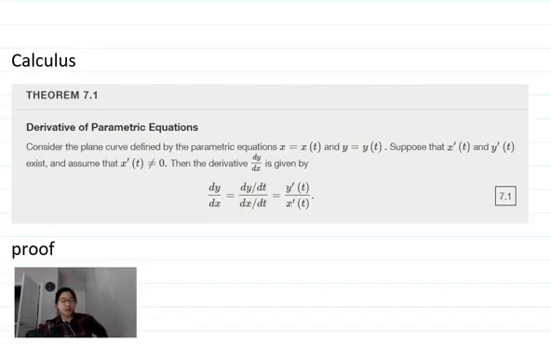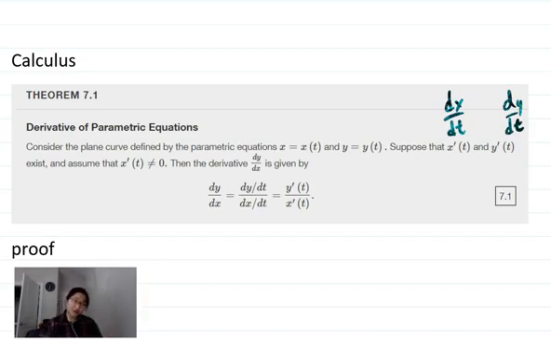So, I promised you calculus, so here's where the calculus starts. If we have our plane curve defined by these two parametric equations x and y, and let's also assume that our derivatives of x and y with respect to t, so this is dx/dt and this is dy/dt, both exist.